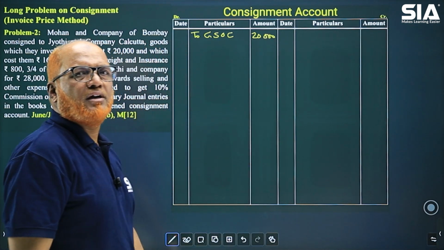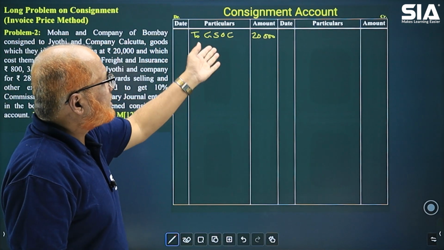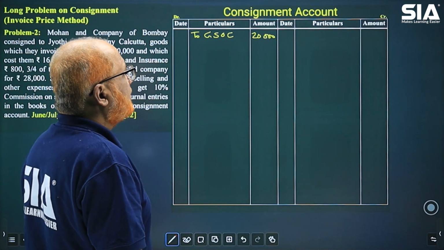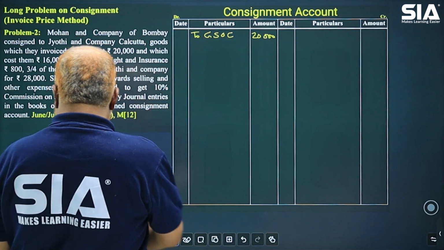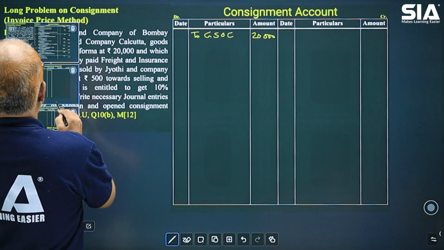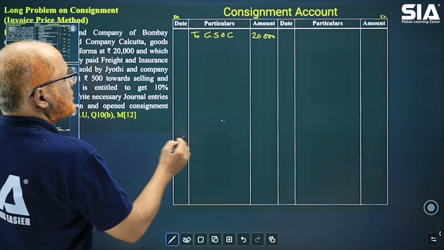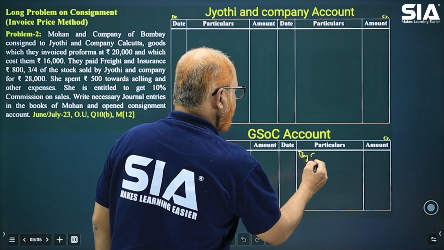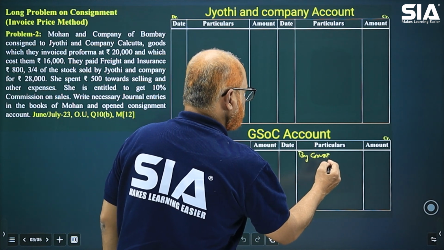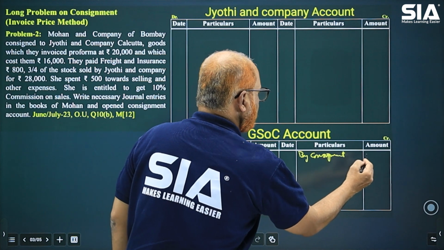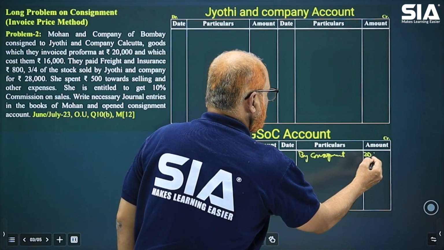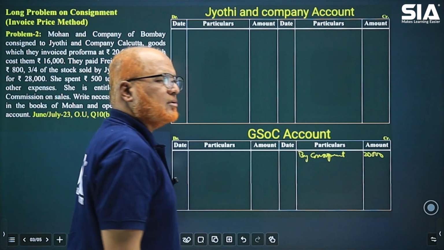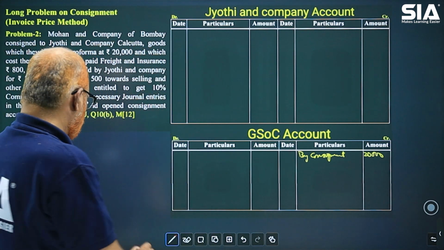First entry posted. Goods sent on consignment account should be credited, so on the goods sent on consignment account credit side, by consignment 20,000. First entry completely posted.